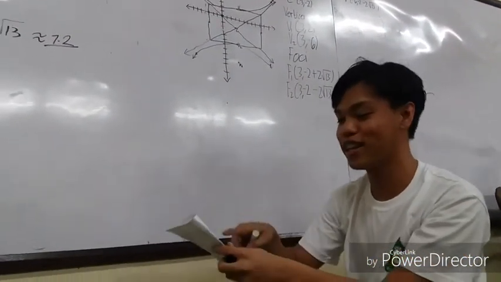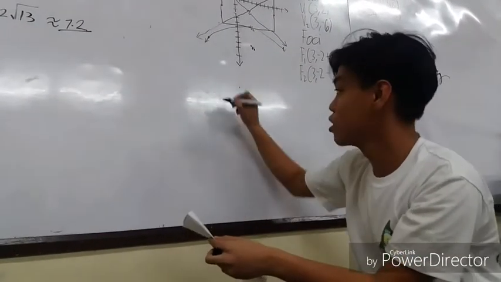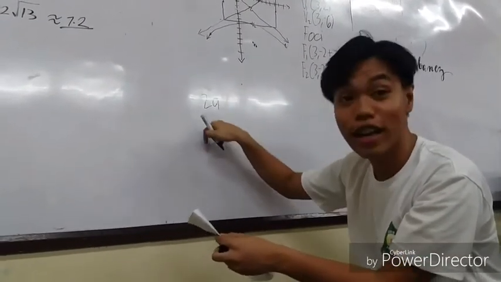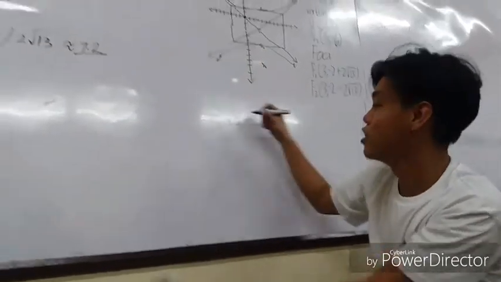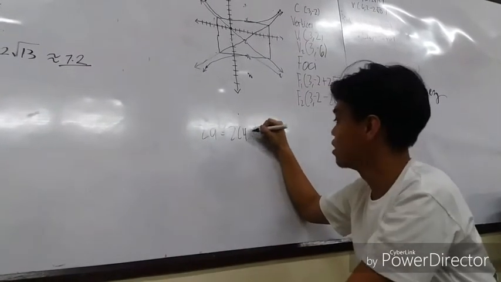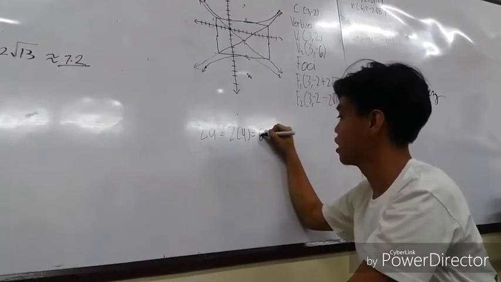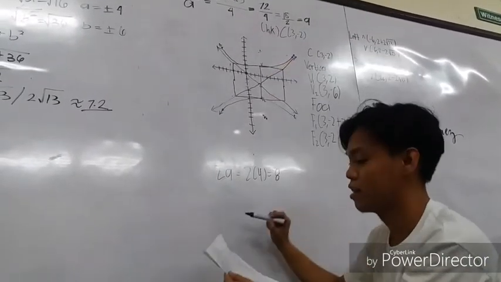Now I'm going to find the transverse axis. So its formula is 2a. Then we'll just substitute a by 4. So 2 times 4 is equal to 8.